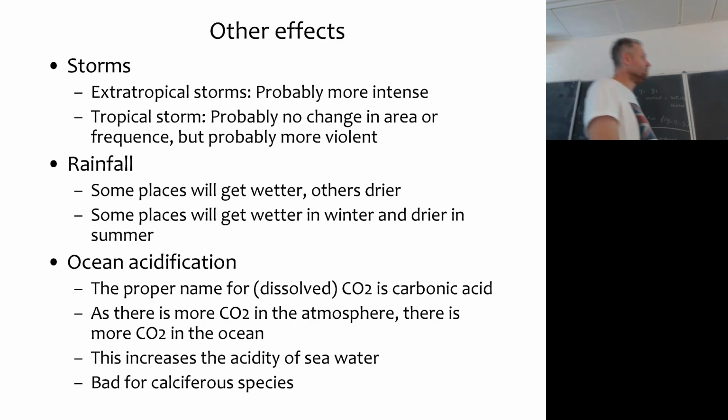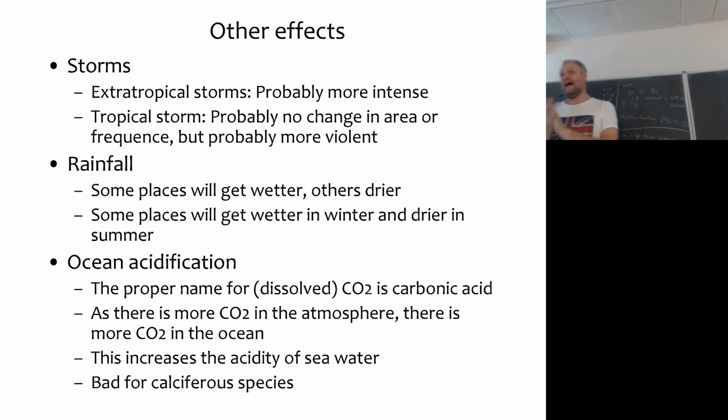I talked about rainfall. The thing that we should not forget is ocean acidification. It's a bit of a separate problem, but with the same cause. If there's more CO2 in the atmosphere, then by the laws of partial pressure, there must be more CO2 in any water body that is in direct contact with that atmosphere, including the ocean.